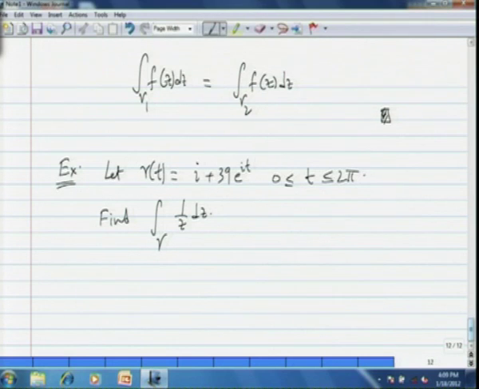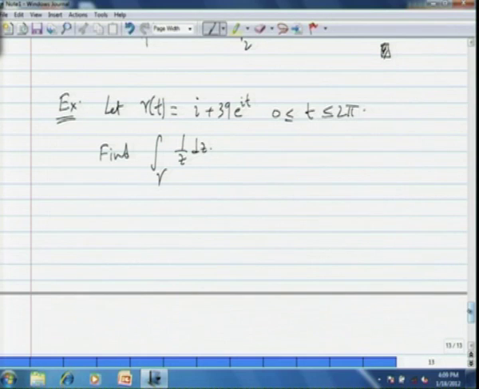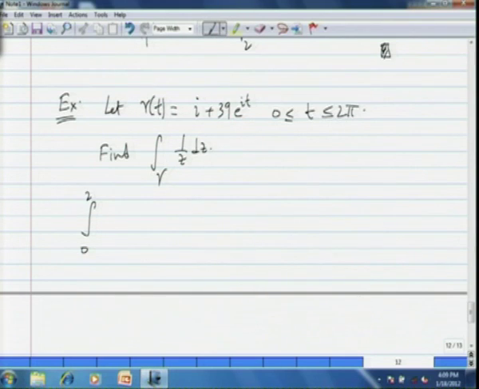Now, if you start evaluating this integral by using the parameterization, it becomes very complicated. So, you have, let me call it I, is equal to the integration from 0 to 2 pi of 1 by (i plus 39 e power i t) times 39 i e power i t dt, which is dz.